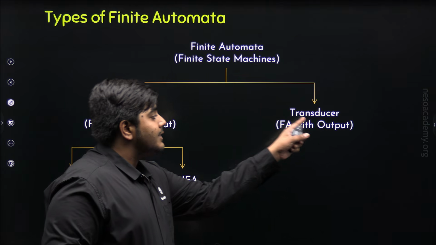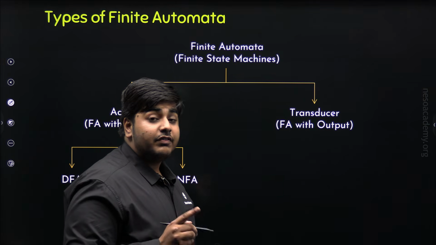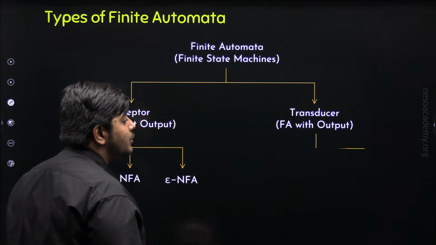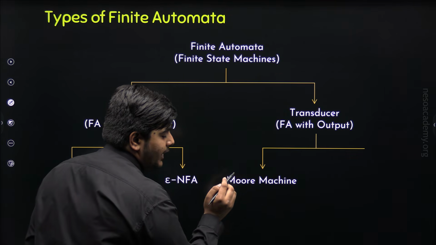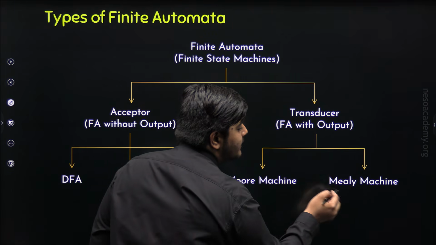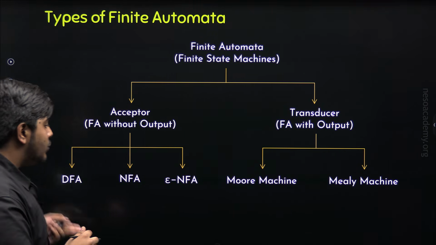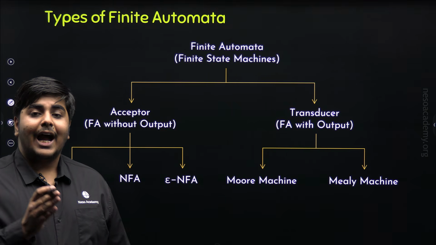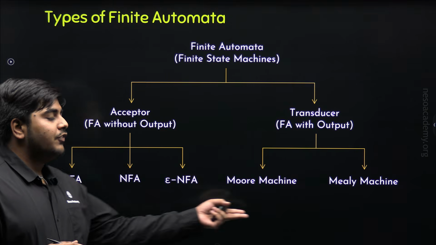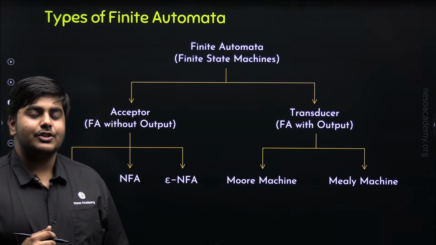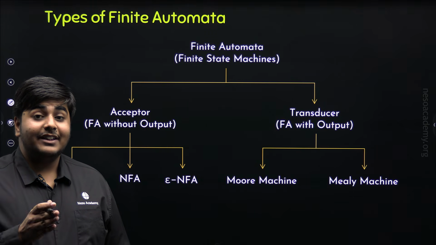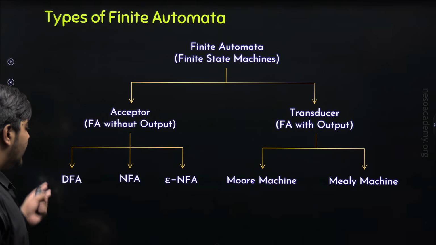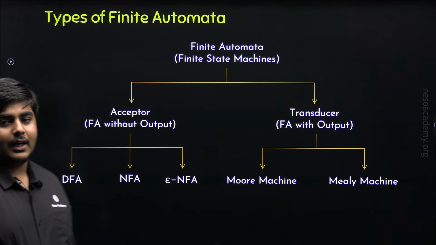And transducer, or finite automata with output, have two types. The first one is the Moore machine, and the second one is the Mealy machine. So these are all the types of finite automata, and we will study each one of them during the upcoming lectures of our course. And in the very next lecture, we will begin with our discussion on deterministic finite automata.